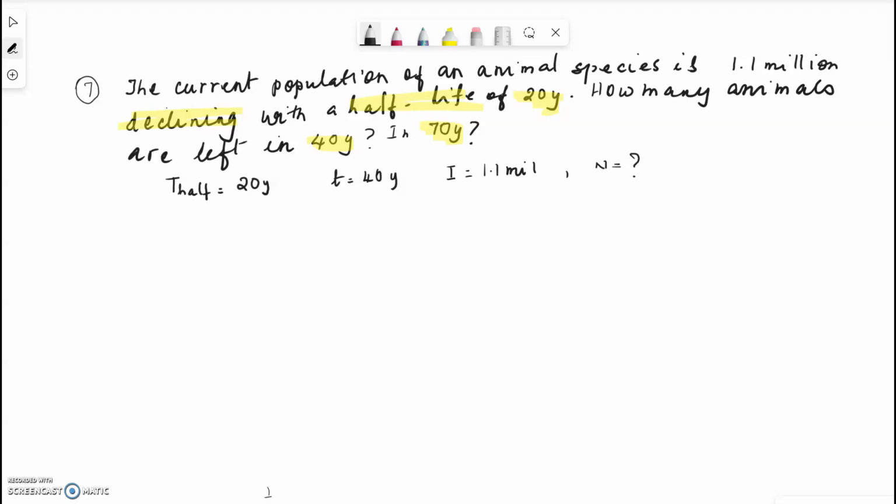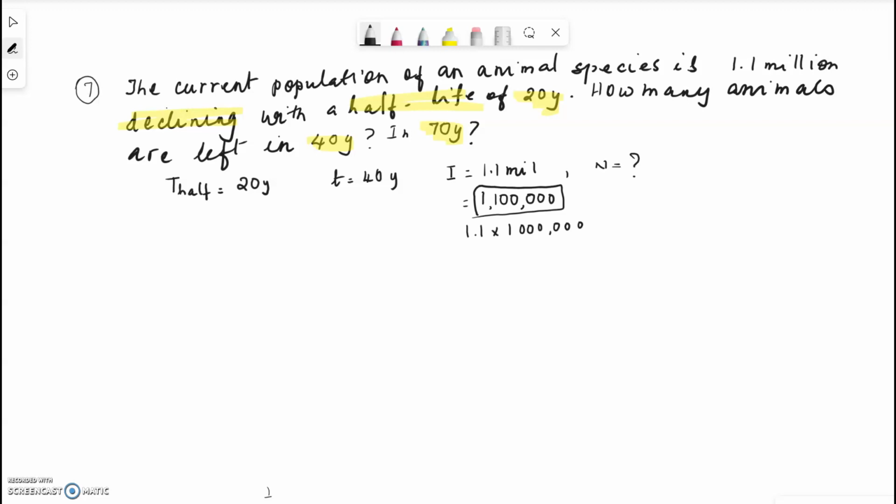Notice it's not about finding the fraction or proportion of the animals left, it's the actual number of animals left. So 1.1 million is 1.1 times 1 million, and that's equal to this number. It's better to convert it to a number so that way you'll get the actual number of animals left.